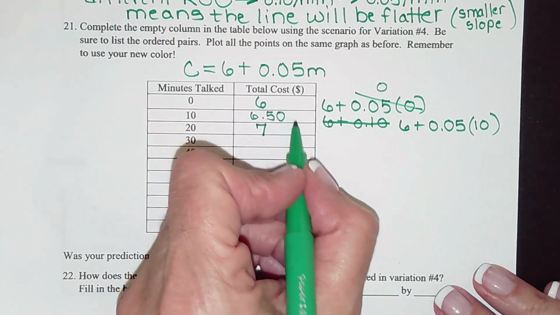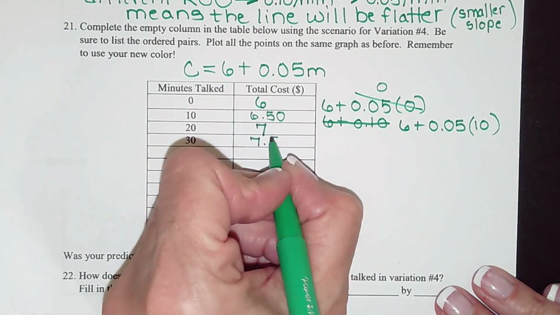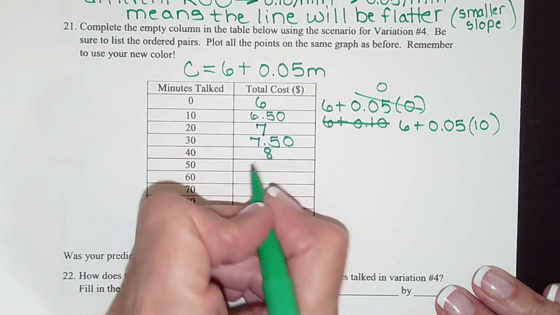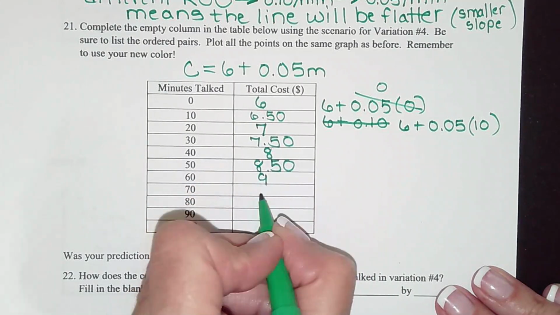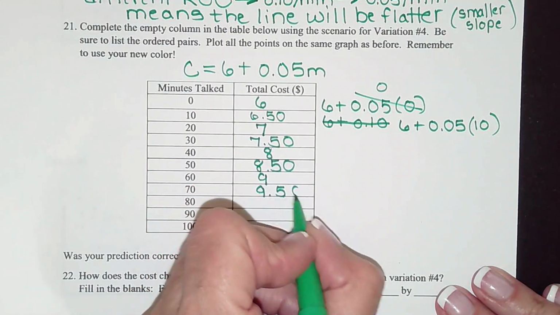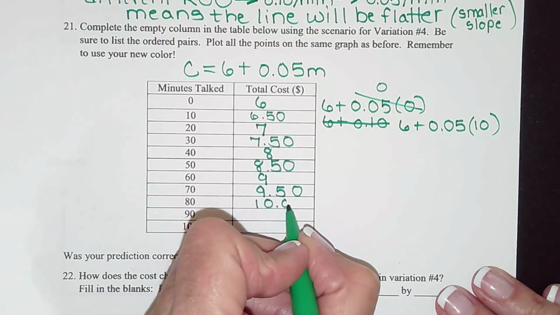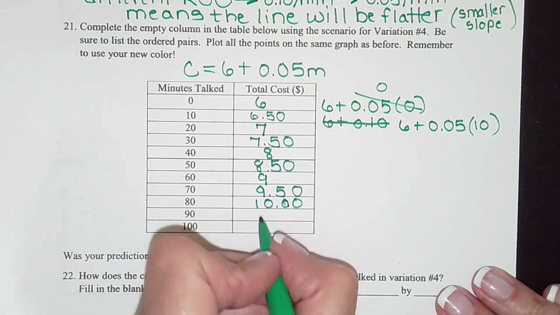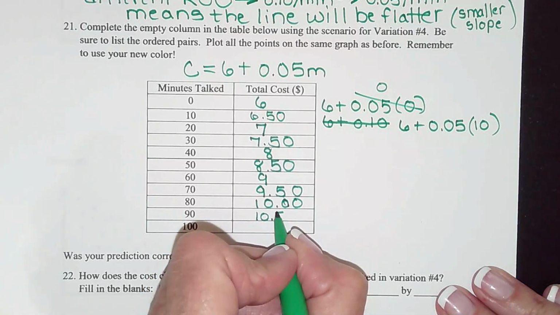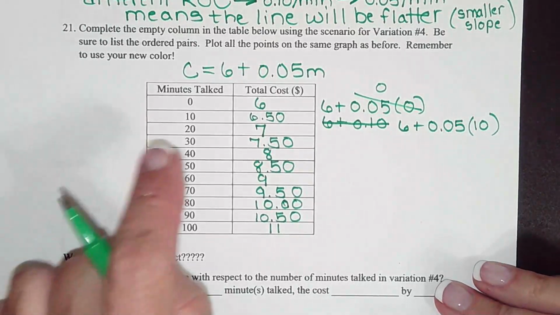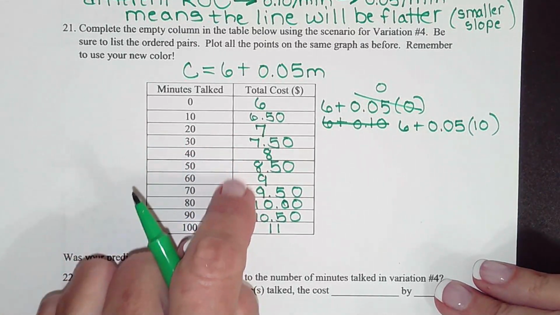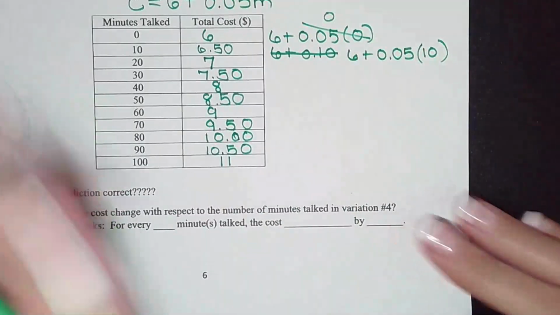So up 50 cents, up 50 cents, up 50 cents, and so on, up 50 cents each time. Oops, I guess I didn't need to write that. 10.50 and 11. So let's check that we did that correctly.